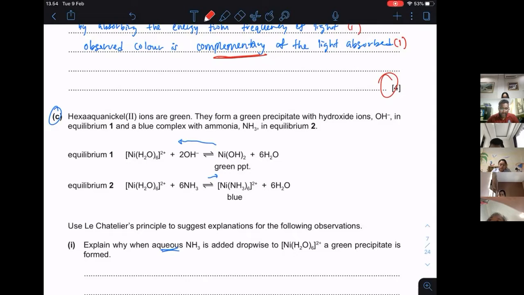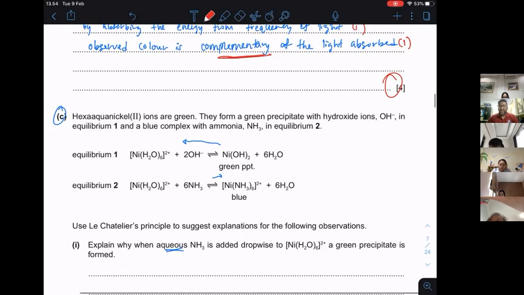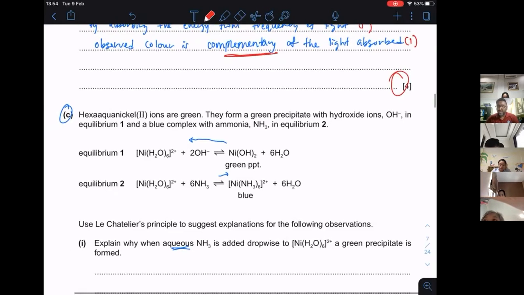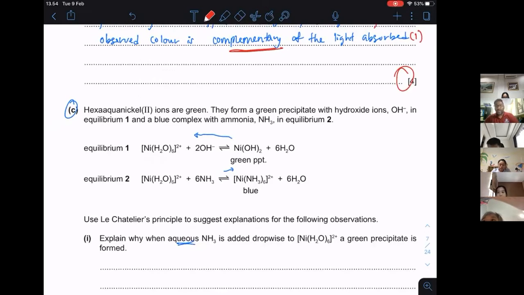Now I do notice one thing with the recent papers. So let's continuously learn. If you notice the recent papers, especially when it comes to transition elements, when I taught you the topics, I told you to memorize this color, that color.